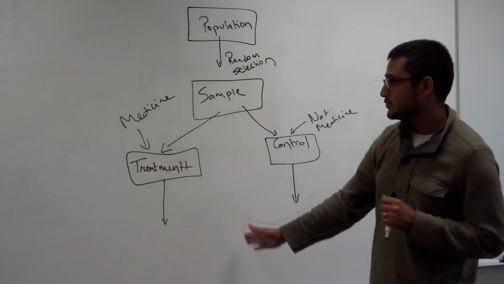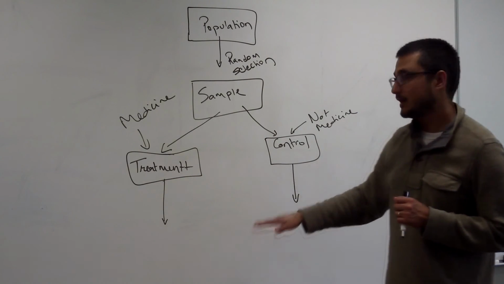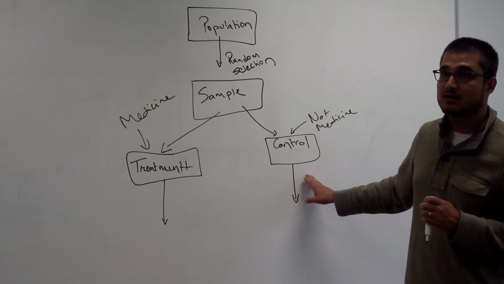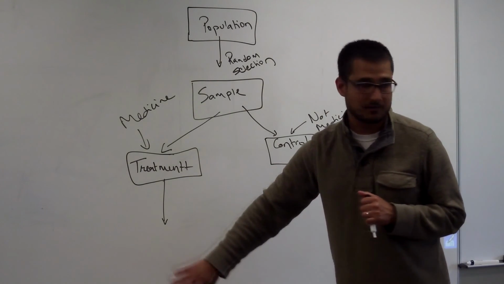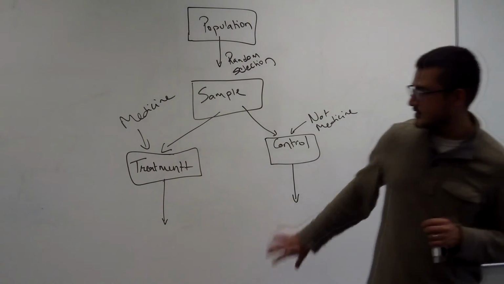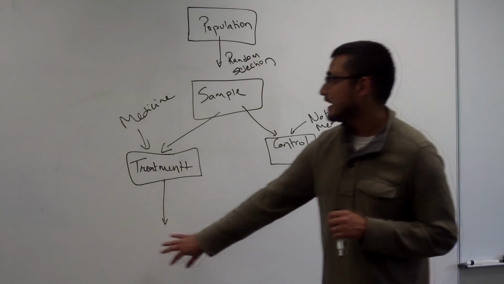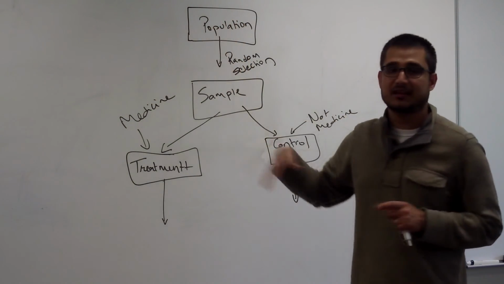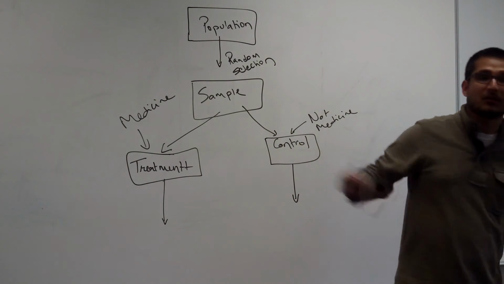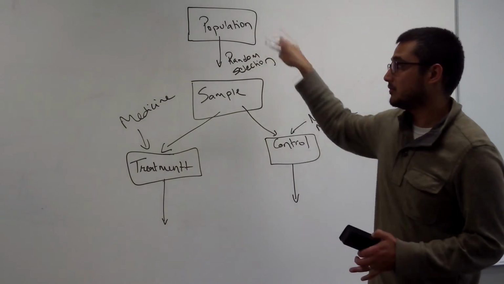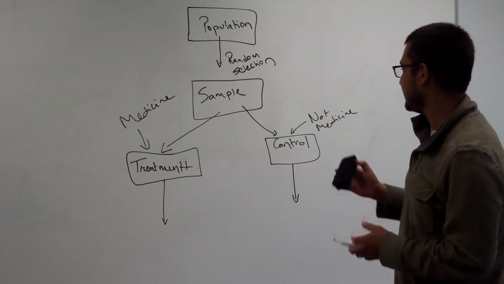Then you have these two groups where one receives treatment and the other doesn't receive any kind of treatment, and then you are comparing the two outcomes. And whatever result you find here, you can generalize it back to the population, saying that the results of this study are applicable not only to this study but to this overall population.